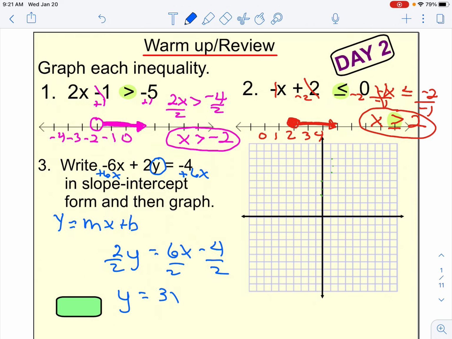I get y equals 3x minus 2. Then to graph it, remember, y equals mx plus b, this is my y-intercept. So I put my -2 on my y-axis. Then this is my slope, rise over run, so I have to go up 3 over 1. Up 3 over 1 to the right, since both are positive, and then I draw my line.